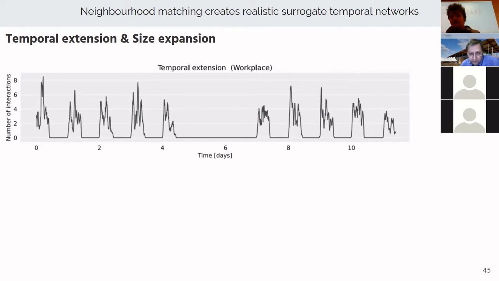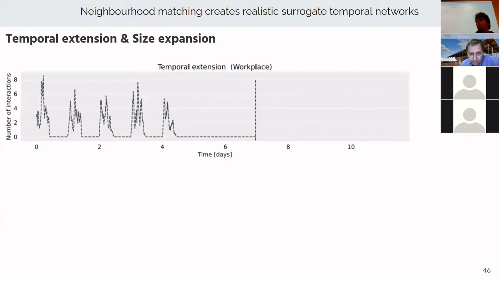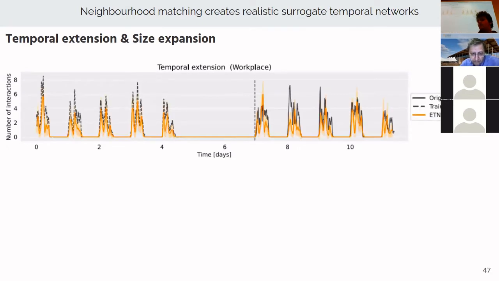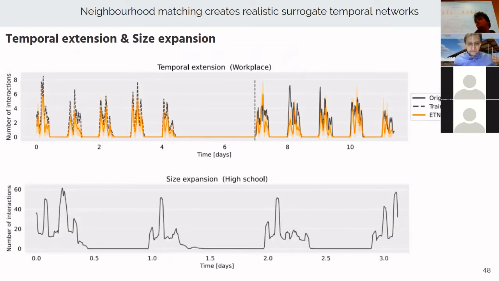In order to test this, we took a dataset, in this case workplace. We have 2 weeks, and we took only 1 week. We build our dictionary on this, let me say, training phase, and we compare the entire generated graph with the original one. In the same manner, we did the node expansion.